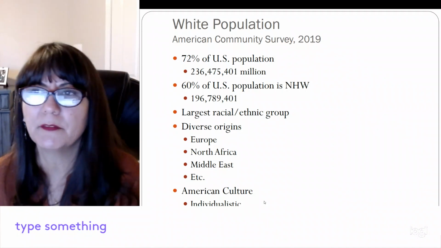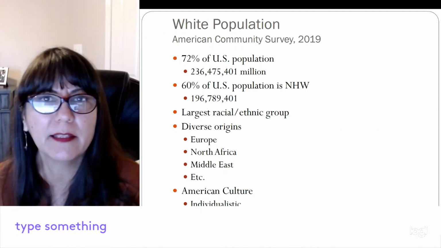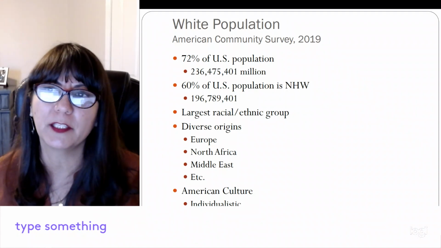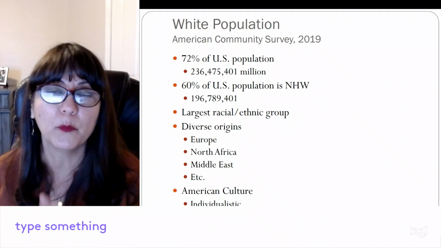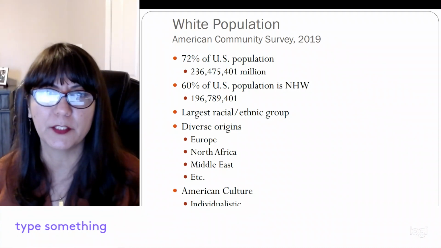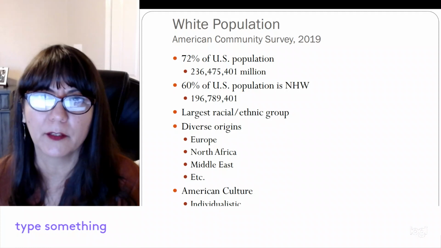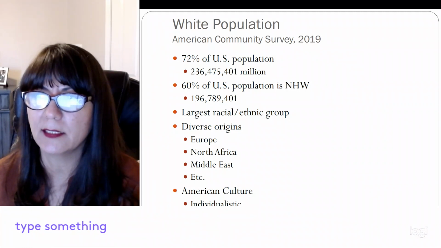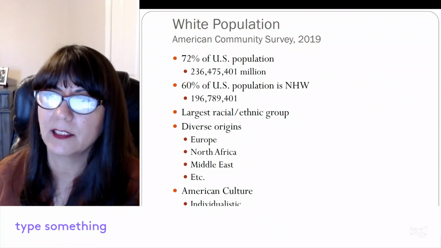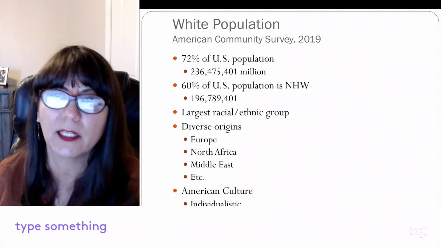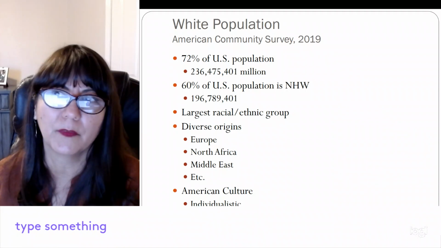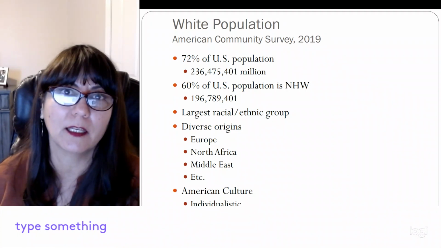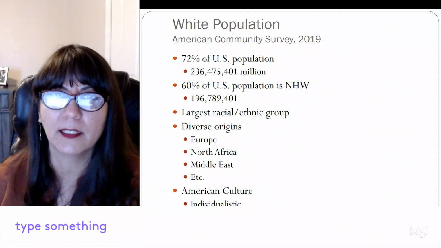And I didn't want to leave out the discussion about the different racial ethnic groups. I mean, we've been talking about racial ethnic minority groups, but we also have to take the white population into account as a racial ethnic group. So according to 2019's American Community Survey, the white population is by far the largest group in the United States.